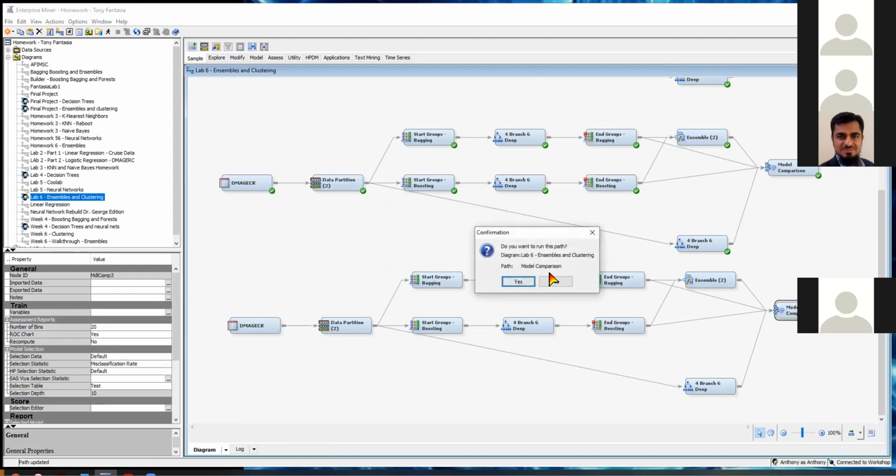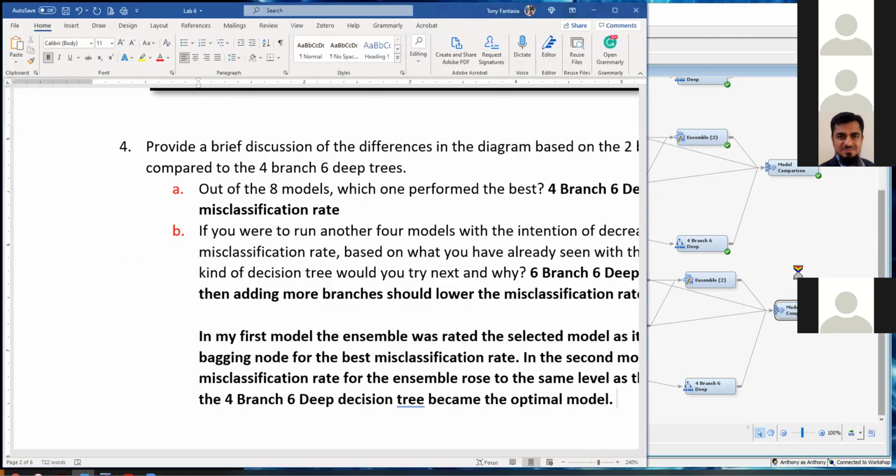It's going to take a second to run, but while it's running, we'll go back into the document. We'll keep that little window right there so you can see when it's done.